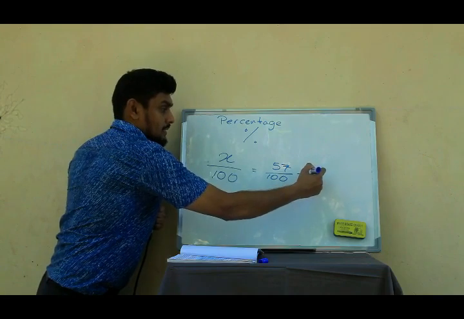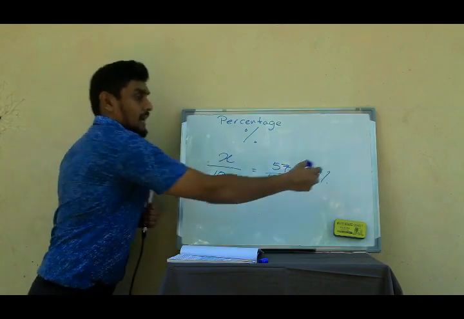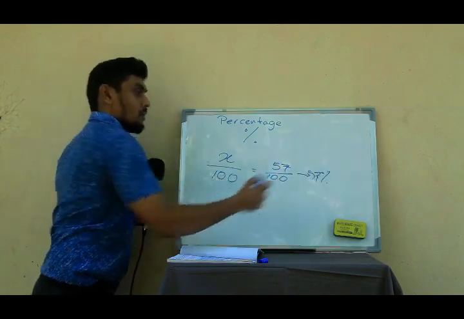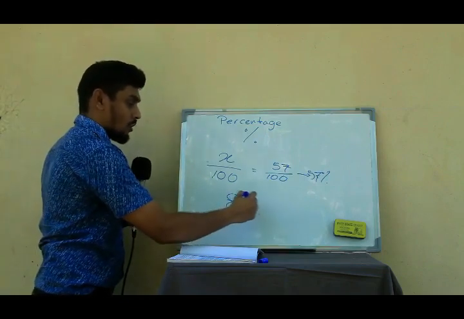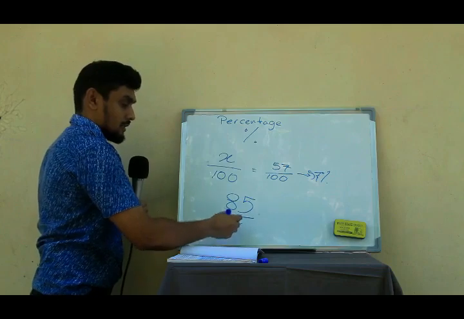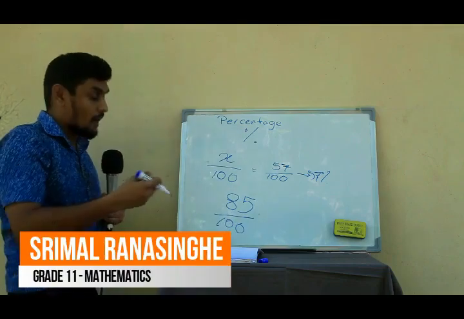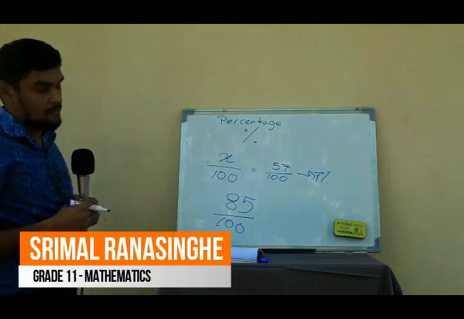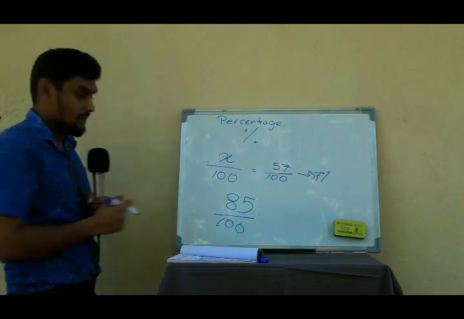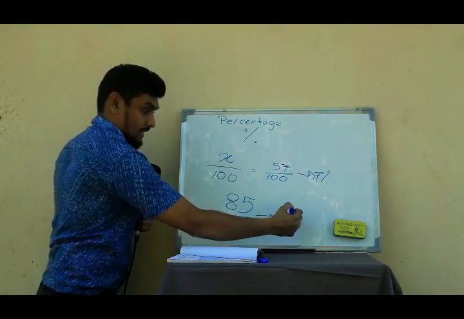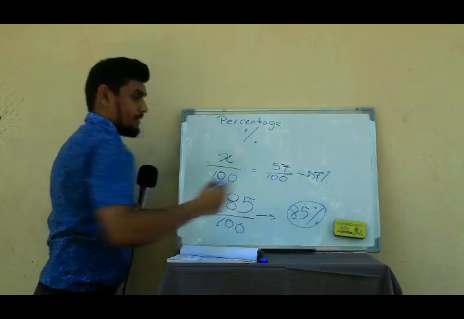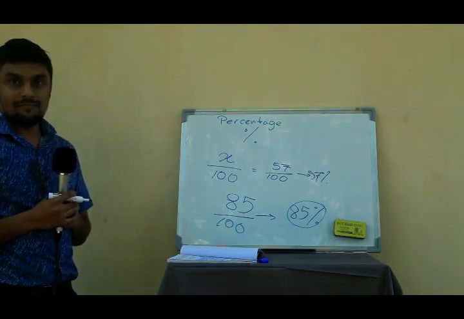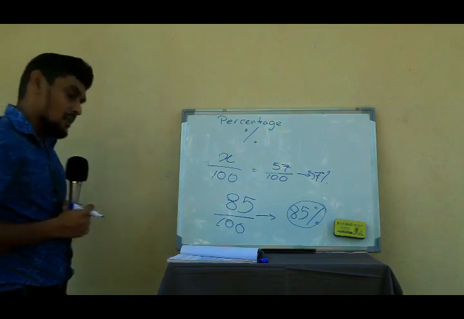So that is a way we can represent. Or assume you have scored 85 over 100 for your term test examination. So your teacher will represent that as 85 percentage. That is the way. Simple.